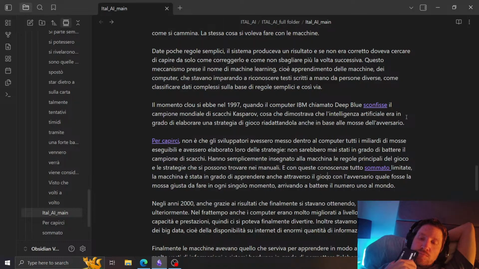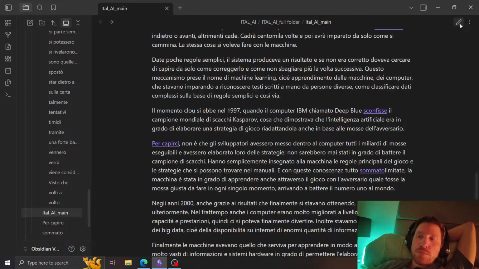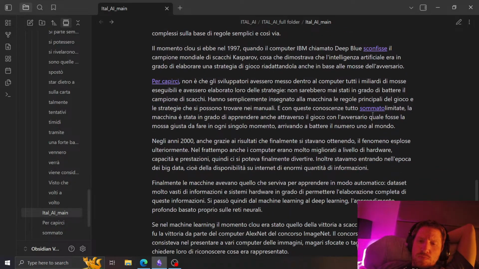E con queste conoscenze, tutto sommato limitate. Quindi in inglese potresti dire qualcosa come with this knowledge, all in all, it is limited. In questo modo mantieni lo stesso senso, cioè che con quelle conoscenze tutto risulta limitato.